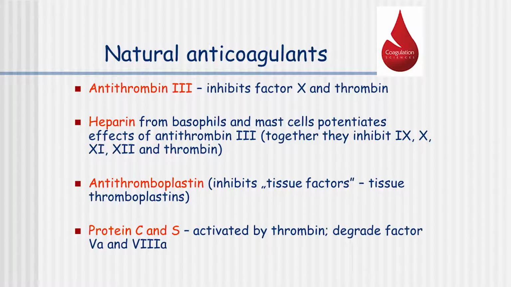So the antithrombin inhibits factor 10 and thrombin. Heparin from basophils and mast cells potentiates effects of antithrombin 3, so that together they inhibit the factors and thrombin.